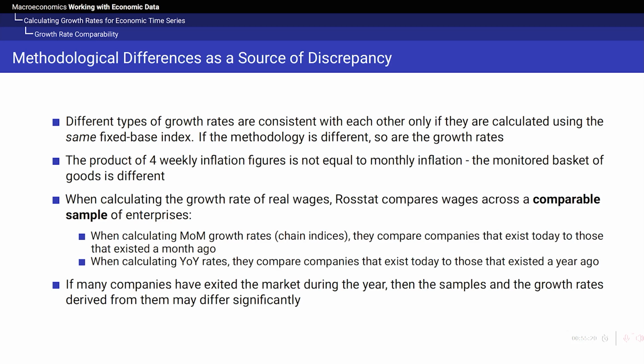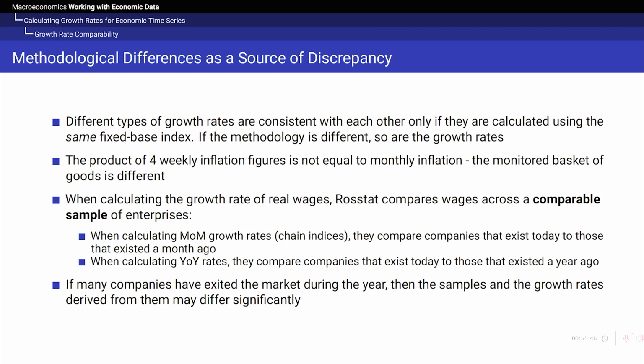The reason for this is actually simple. Weekly inflation is calculated using a reduced consumption basket, which is almost 5 times smaller than in the case of the monthly observations. The second example is the real wage statistics. To determine changes in real wages, Rosstat compares wages across a comparable sample of enterprises.